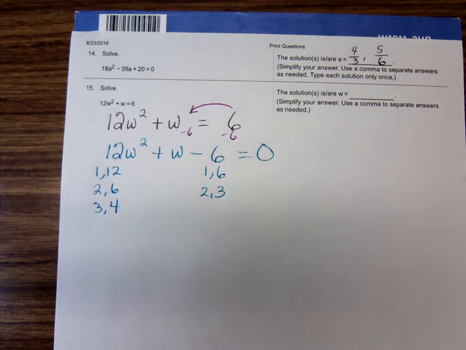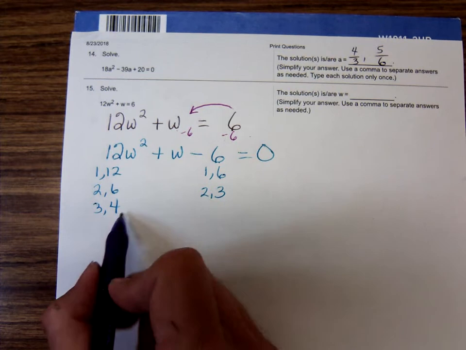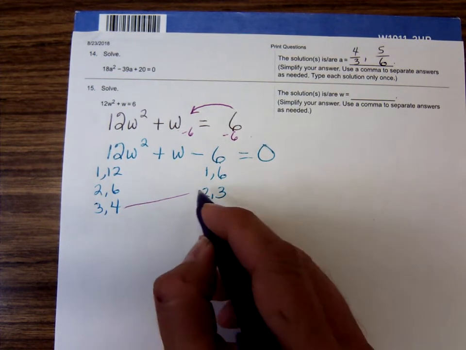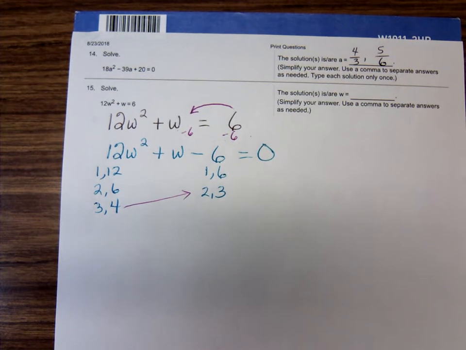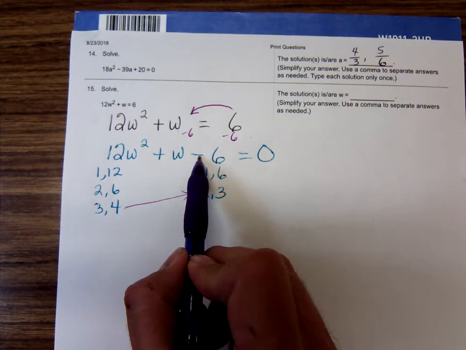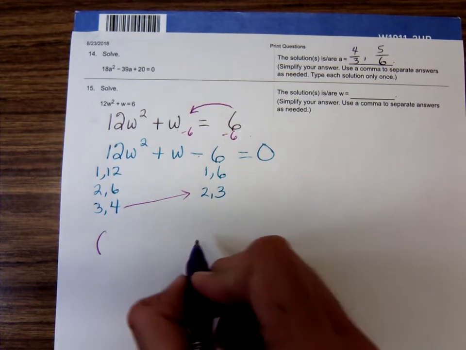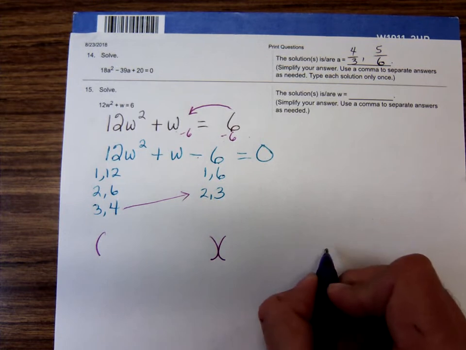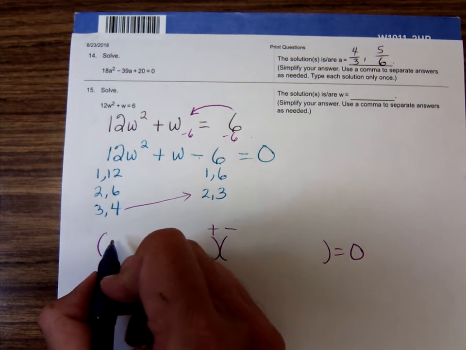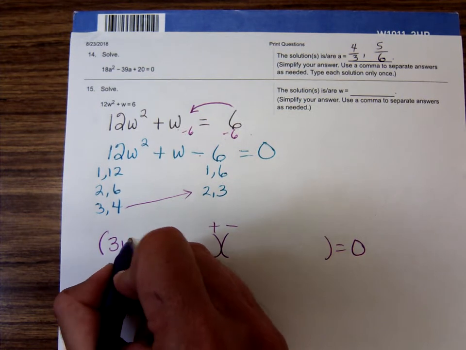I'm going to start with the 3 and 4 and see if I can pair it with the 2 and 3 and get it to work out. Now the second sign is minus, so that means we have a plus and a minus. I'll wait to fill those in. So I'm going to put 3w and 4w.